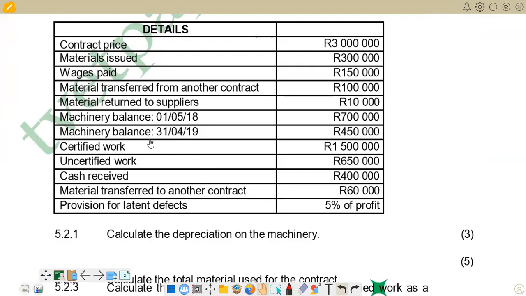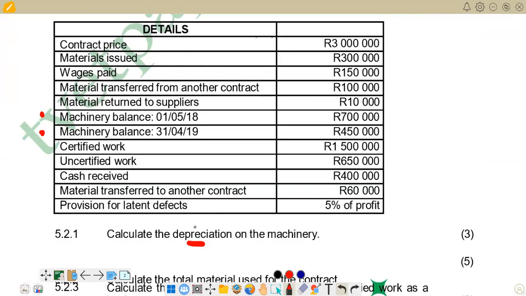If you check the balances that we are given there, you will see that on machinery, that's where we have the figures for machinery. And we know that depreciation on its own represents the loss of value of a non-current asset or a fixed asset. Here we're not given a rate in the form of a percentage that you can use to calculate, say, percentage of cost or net book value, depending on the method of calculating depreciation given in the question.